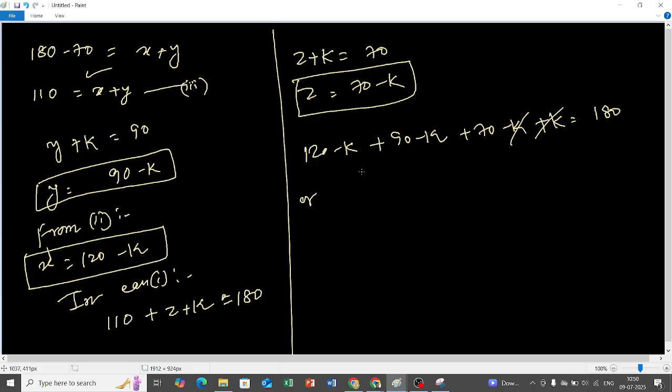K got cancelled out. Now 120 plus 90 is 210, 280 minus 2k equals 180. K is 50. Have you understood till here? Yes, sir.